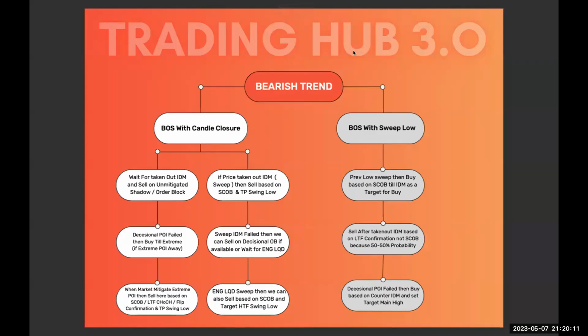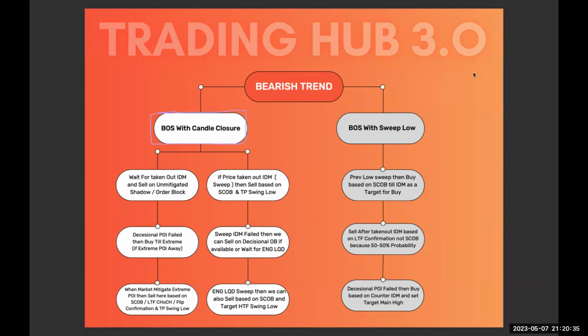Okay. So this is a bearish structure here and similar, just opposite of the bullish market, right? Here also are two scenarios, candle closure or sweep the high, sweep the low, right? Let's take break of structure with a candle closure.